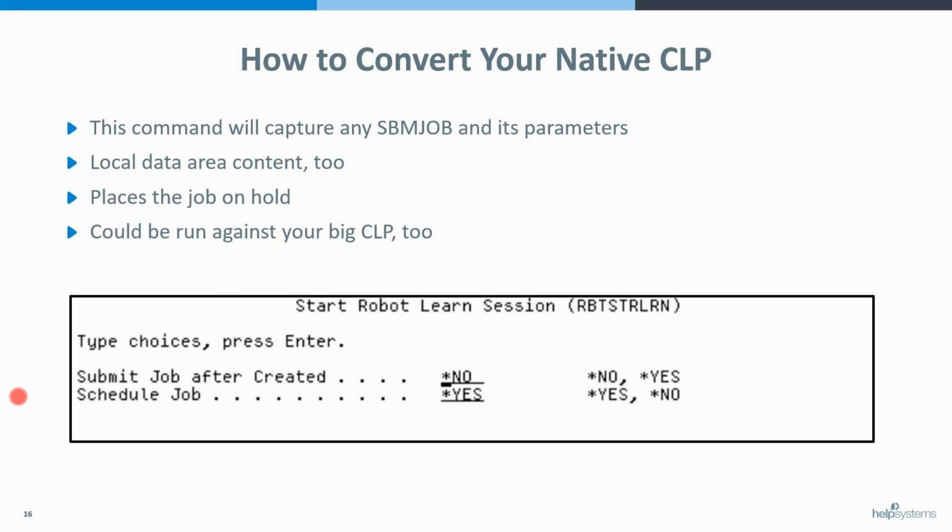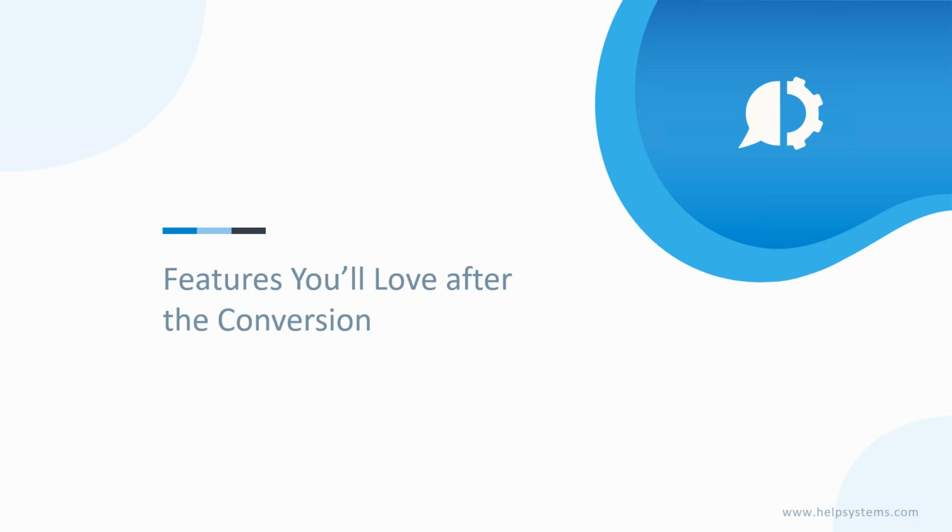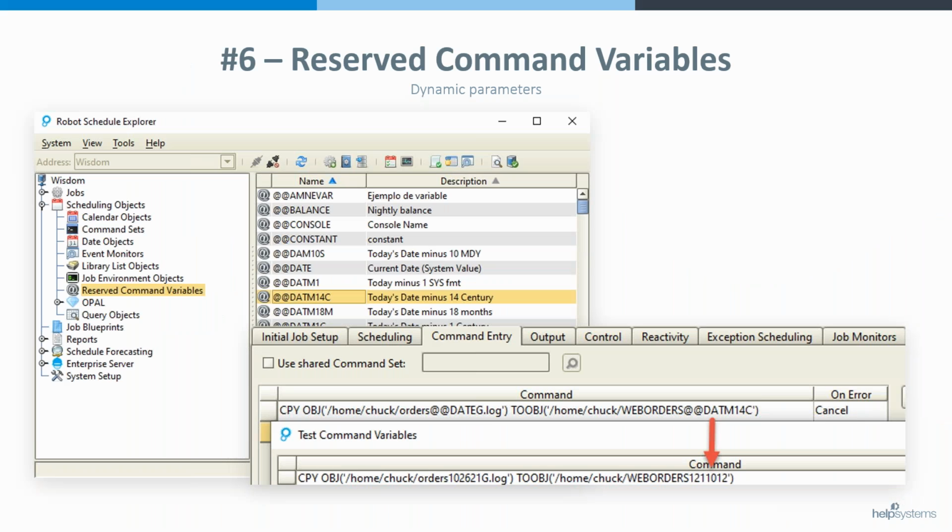All right, Tom. So we get them all into robot. What can they do at that point? All right, let's talk about that. Let's talk about the great things in robot schedule you can take advantage of. First of all is dynamic parameter calculation. We call those reserve command variables. So when your command line is imported into robot via one of the conversion commands, you can use one of our reserve command variables to populate the parameter string with maybe a date range.